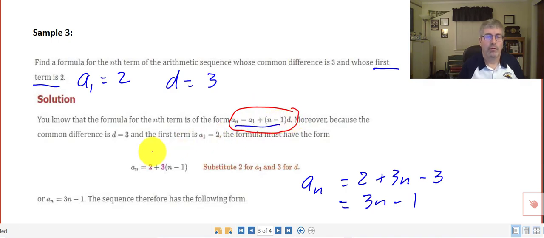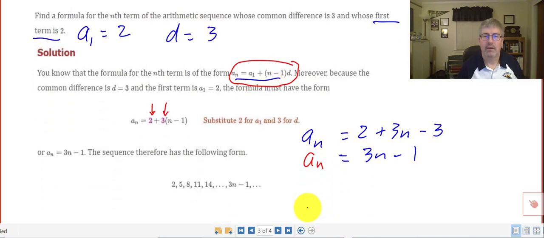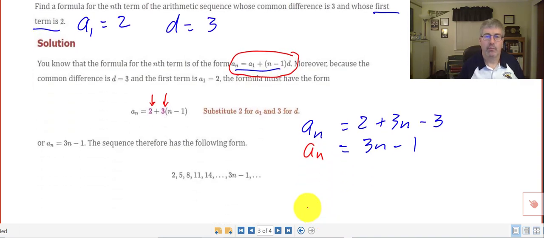We substitute 2 in for a sub 1, 3 in for d, and we can simplify. By distributing the 3, we get 2 plus 3n minus 3, and simplify, and we get a sub n equals 3n minus 1.